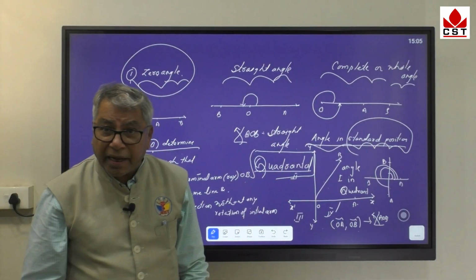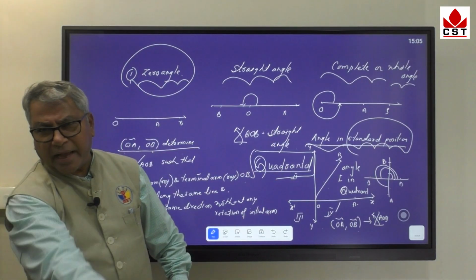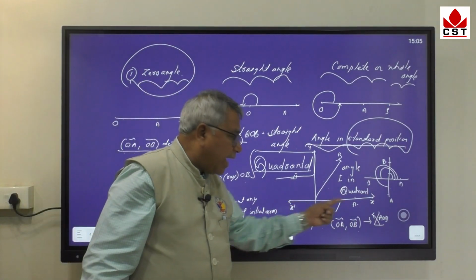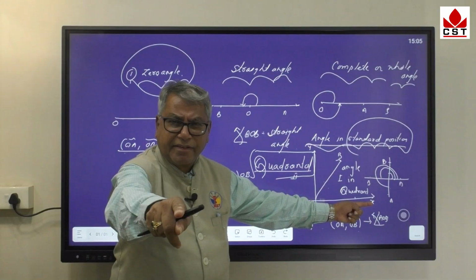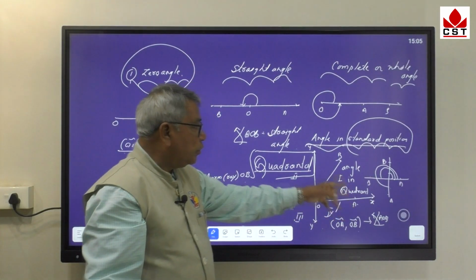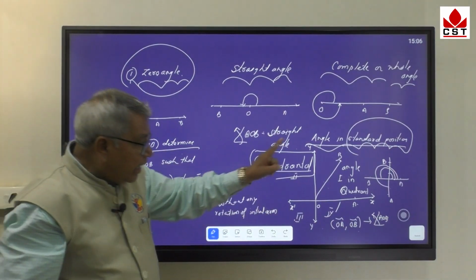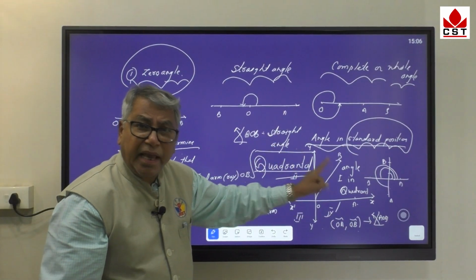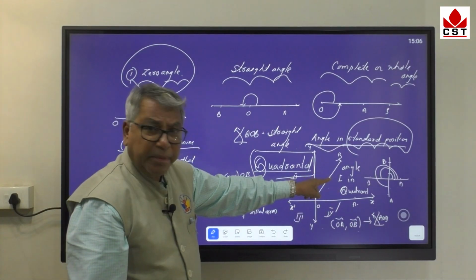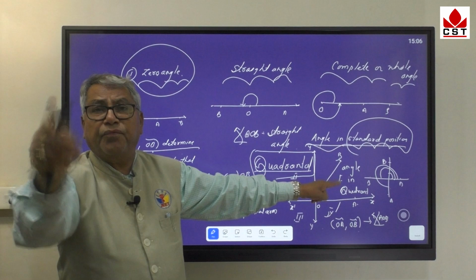Followed? Third one, angle in standard position. Very important. The angle in standard position means the initial arm must be along the positive direction of x-axis. Vertex of the angle is the origin, right? So this is angle in standard position. If the terminal arm lies in any quadrant, the angle is in that quadrant. For example, terminal arm lies in first quadrant, angle is in first quadrant.